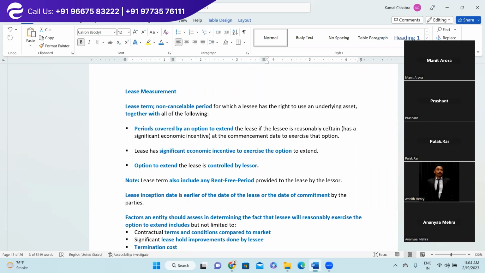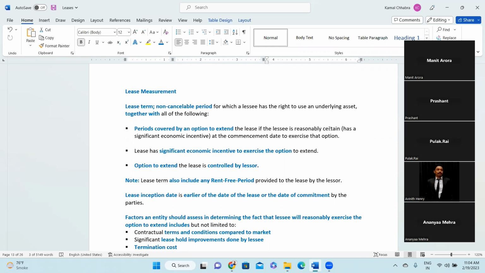They need to again make a significant investment in leasehold improvement, right? So considering all these scenarios, you will reach the lease terms. You need to consider holistically from the lease agreement what terms and conditions and lock-in periods are there, and what options and benefits are available to the company to extend the lease term.